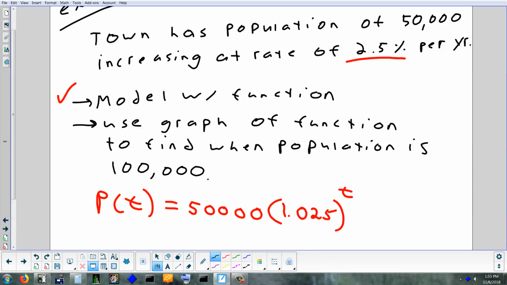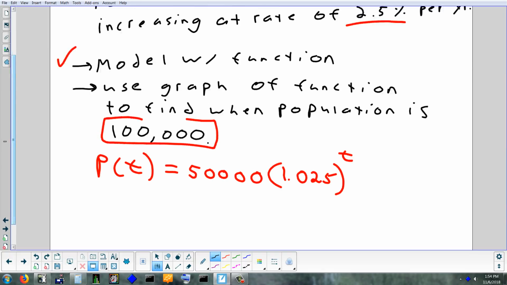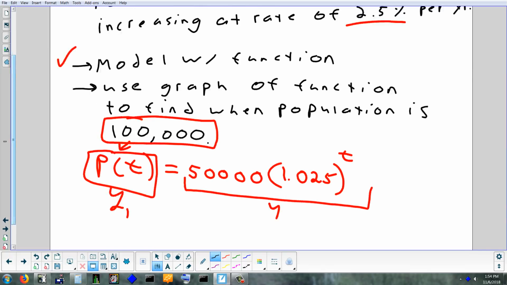Now the next part says use a graph to tell me when the population would hit 100,000. Where would you plug that in? P of t or t? Yeah. P of t. Okay, put it in right here. Put this in y1. Put all of that in y2. Graph them at the same time and you'd be looking for what?